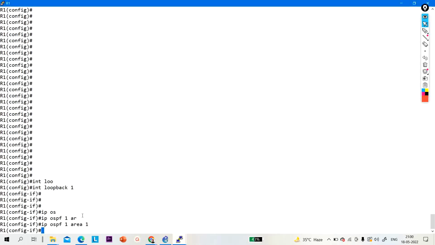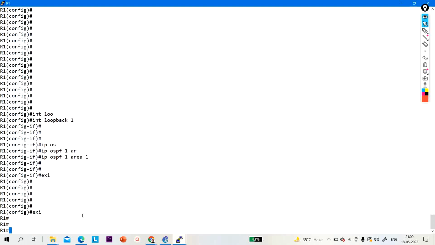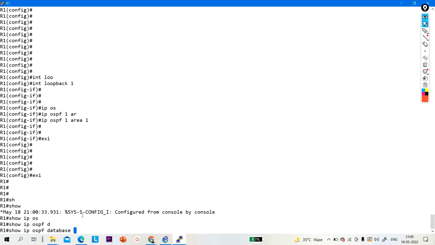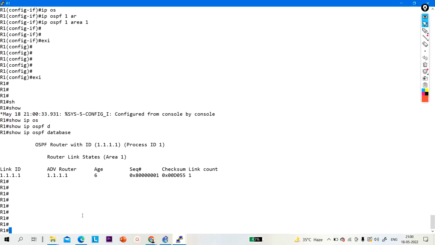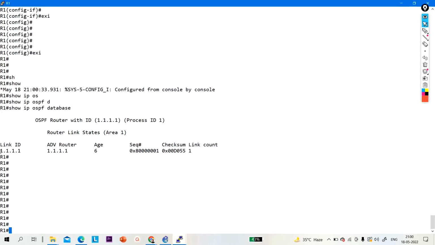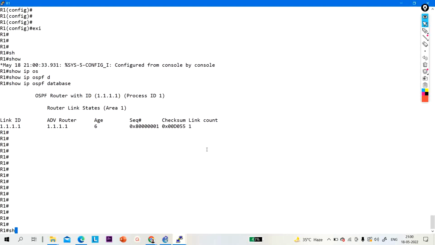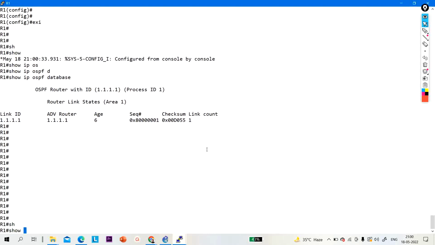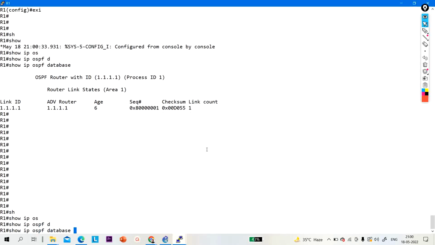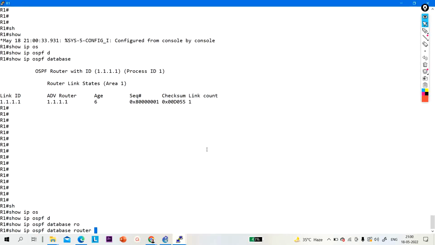Area 1. See the database of this router now. So show ip ospf database. And now you can check this LSA in detail: show ip ospf database router 1.1.1.1.